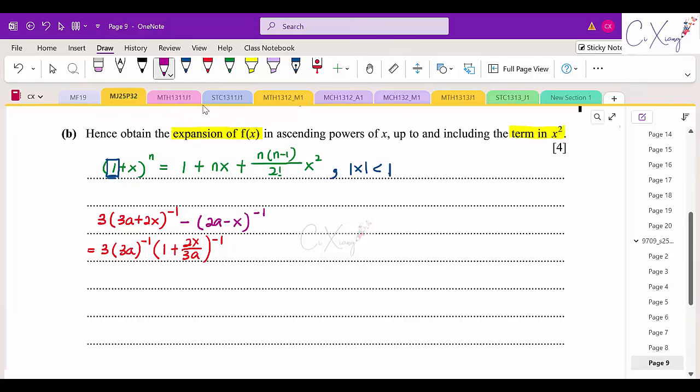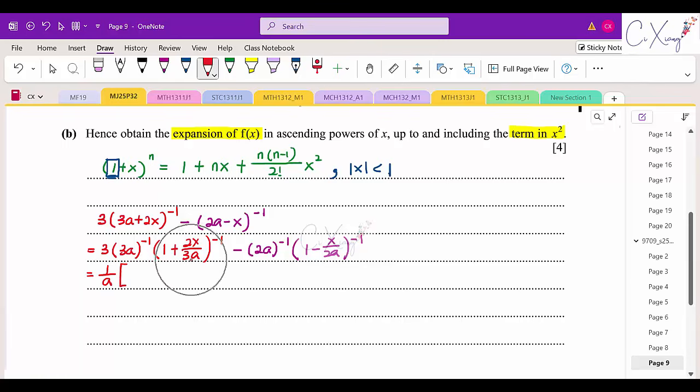Same thing happens for the purple color bracket. You need to factorize out the 2a first with the power -1. After that, you're having (1 minus x over 2a) power -1. So that's the first step where we adjust our bracket so the first term is 1. Okay, please simplify 3 over 3a. You'll be having 1 over a.